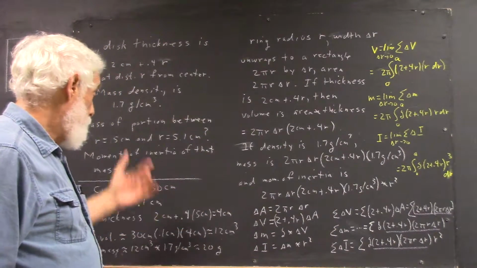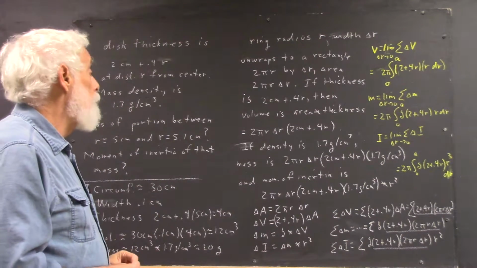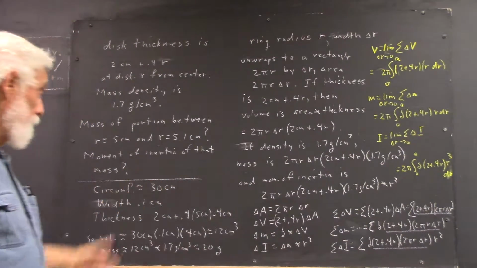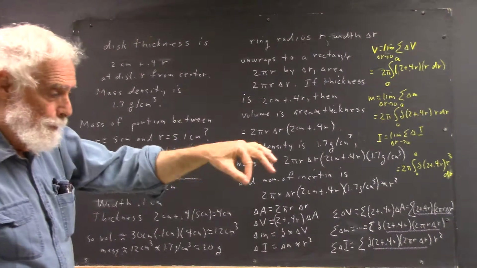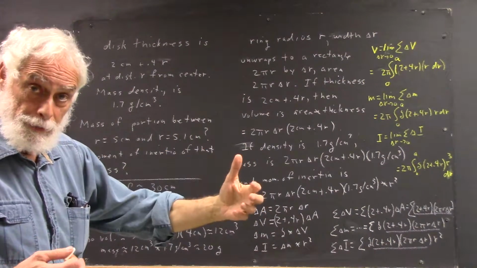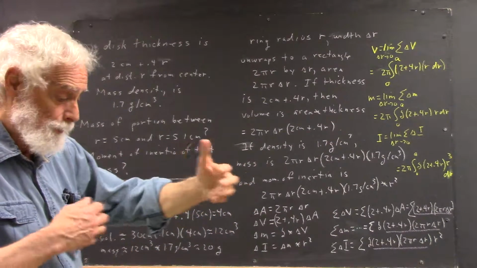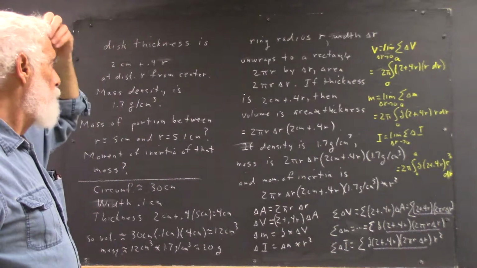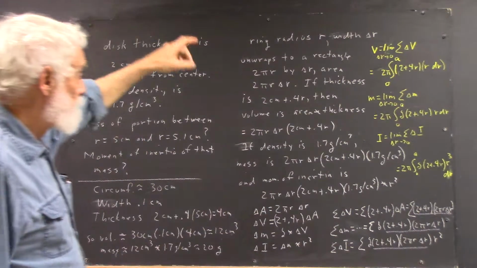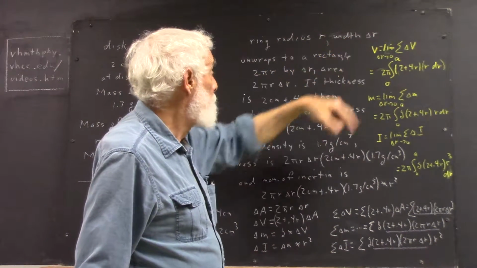Now, what we want to do is symbolize this, and just look at a typical thin hoop cut out of this disk in the vicinity of some radius. So we think of a ring of radius r and width delta r.